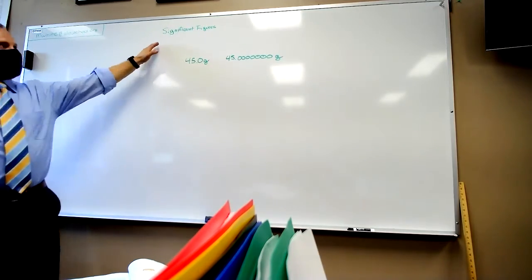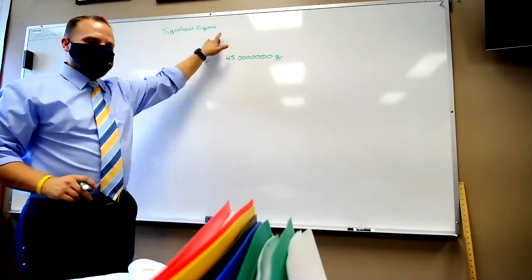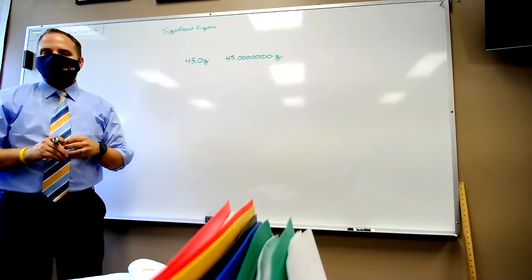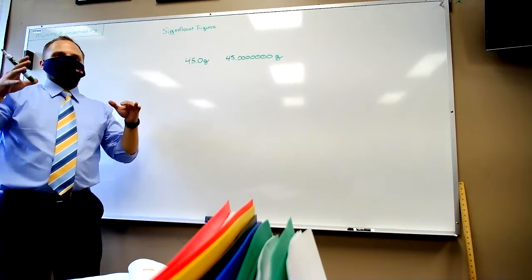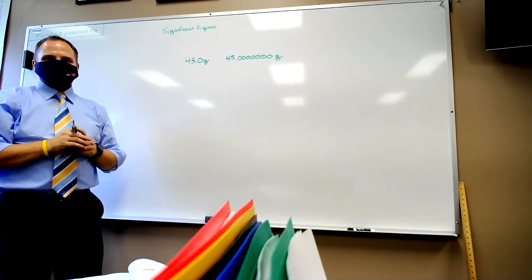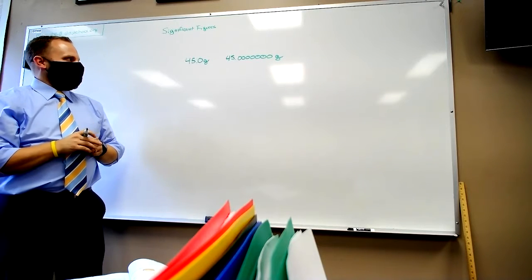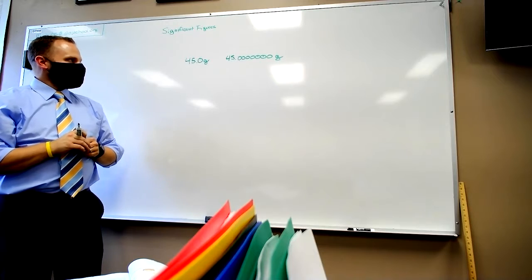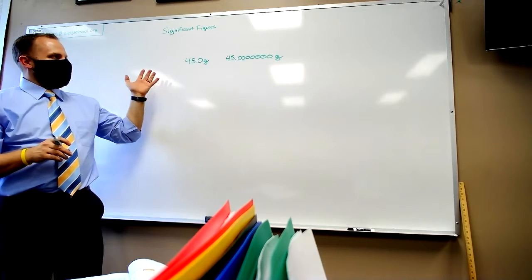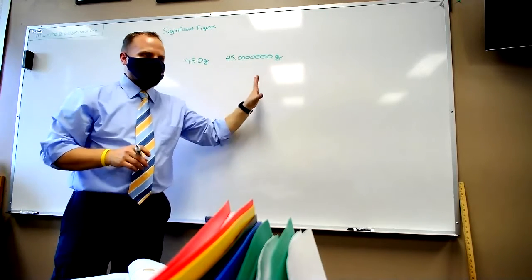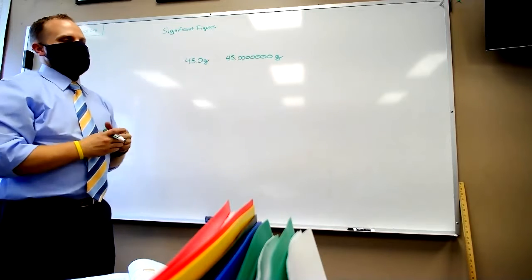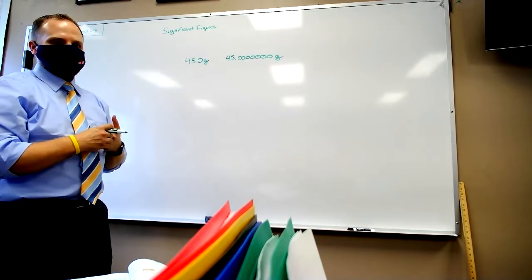So significant figures tells the people who are reading your measurements how precise you know this measurement. And so we have to figure out a way to determine how precise this measurement actually is.